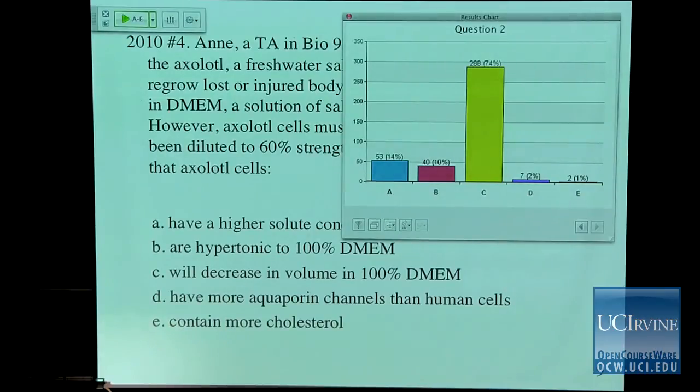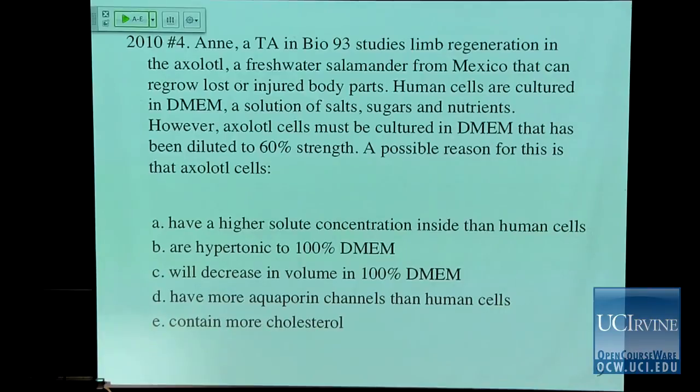Okay, 75% of you got the answer correct, right? That was one of the things that we figured out in our march through that problem. So it will decrease in volume at 100% DMEM because we figured out that it was hypotonic for that reason.